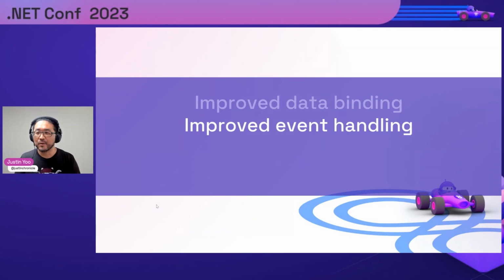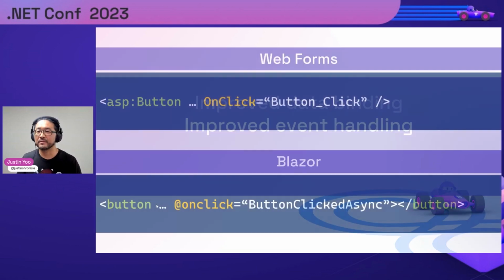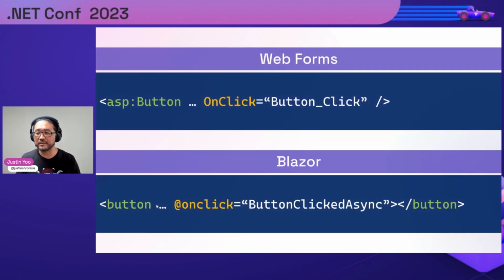In Blazor, the event handling has also been improved compared to WebForms. So let's take a look at these two comparisons. In the WebForms application, the on-click event handler, in this example, only takes care of the synchronous method.